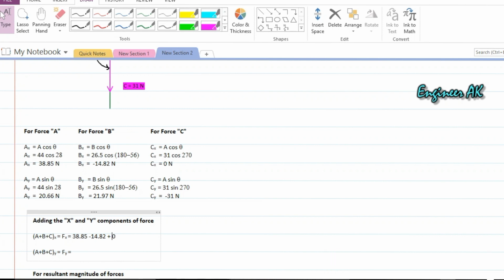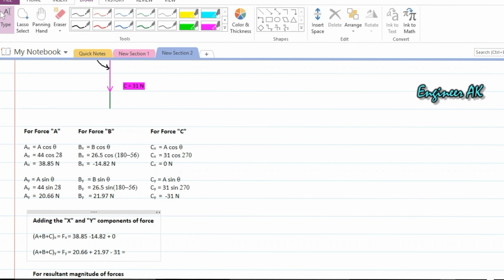And for the y components of all these forces, let me sum them up: 20.66 plus 21.97 plus minus 31.